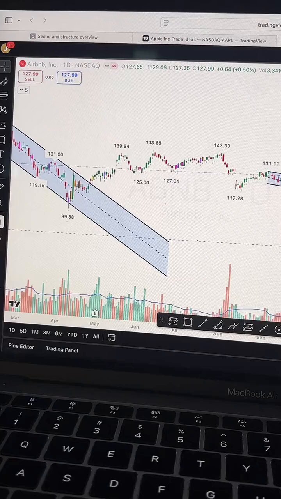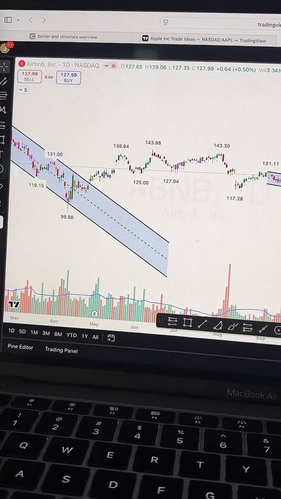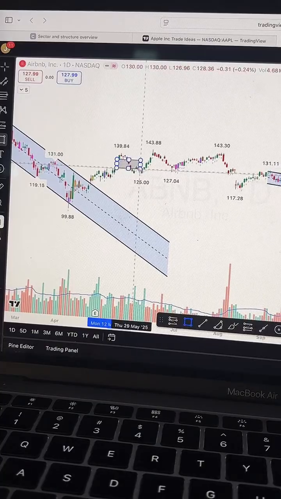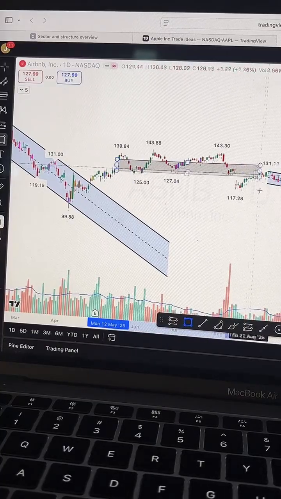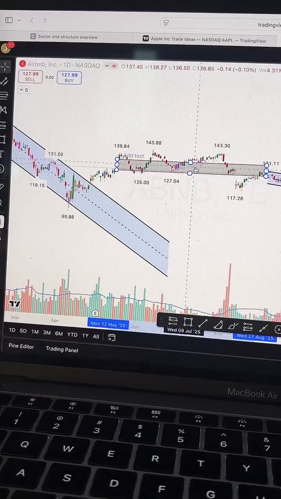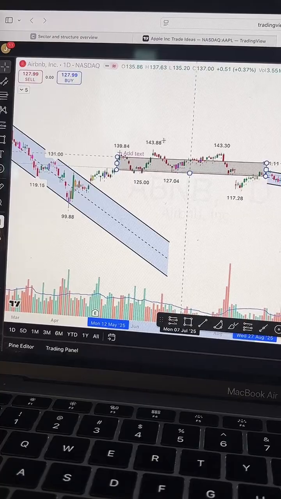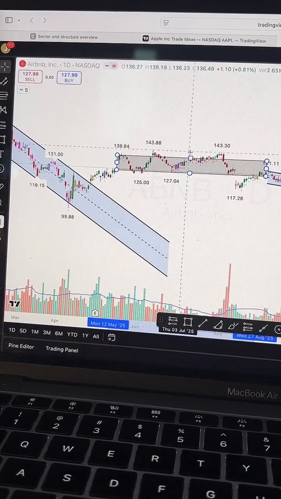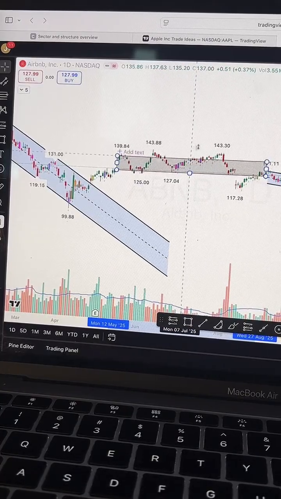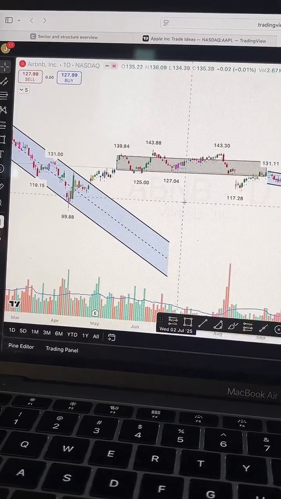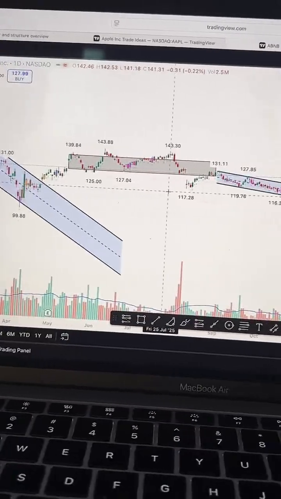So it broke out and we created a new one here, but we really didn't do much. Once it broke out, it kind of just consolidated, which typically it does after a breakout. I can't get these boxes exactly up there, but y'all see what I'm getting at, right?